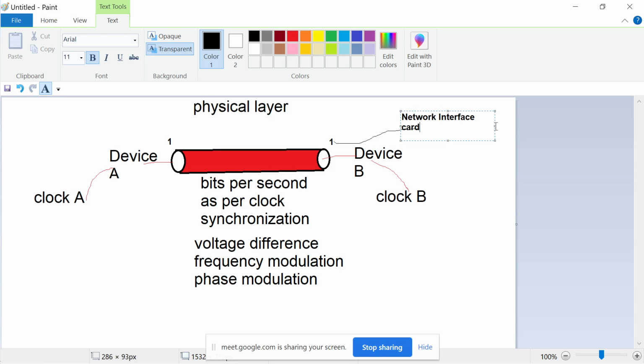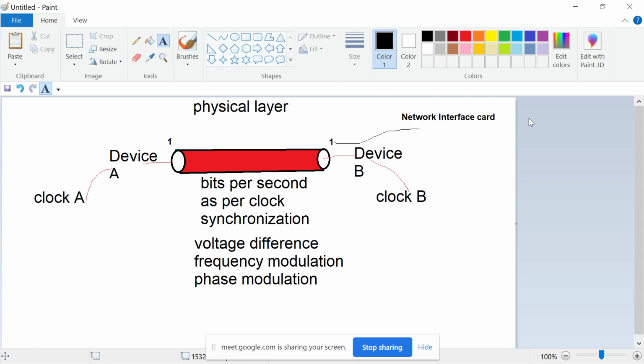It's okay if you forget, but now that I've told you, network interface card, you understand, right? So this one has to be sent to the network interface.